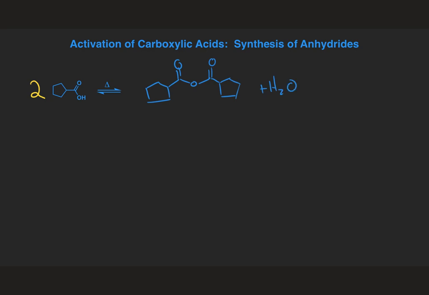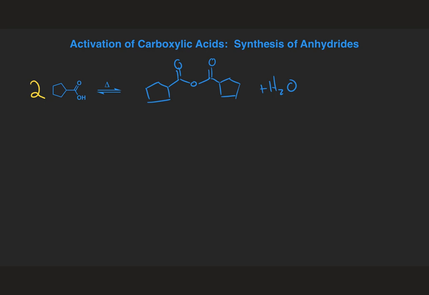So essentially, I have lost the OH of one carboxylic acid and the H of another and stuck them together to form water and an anhydride. And if I add heat, this equilibrium sets up and I can form the anhydride.